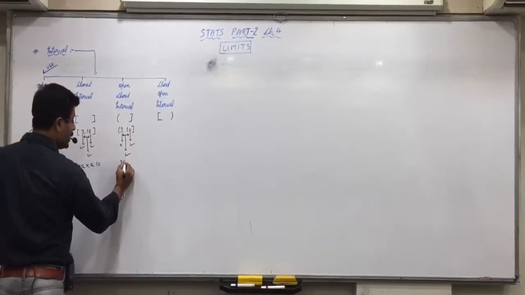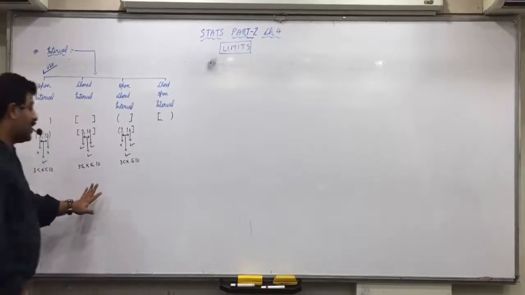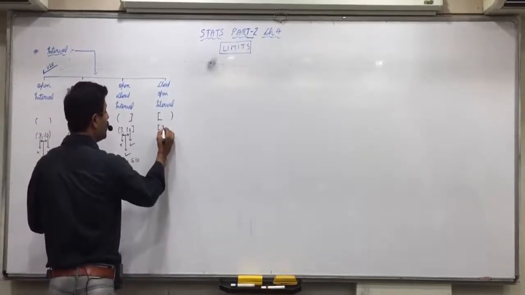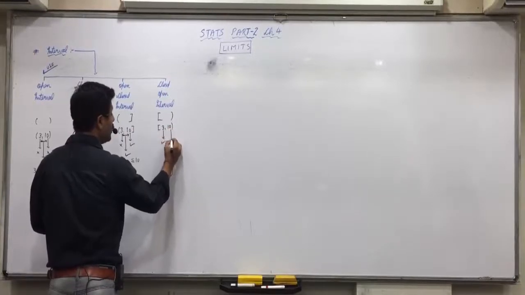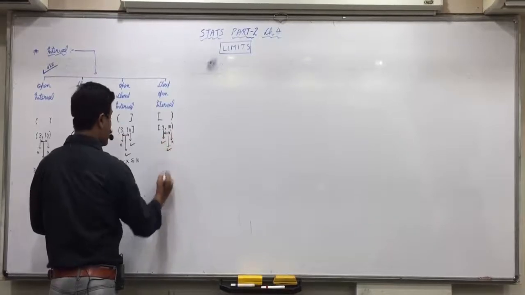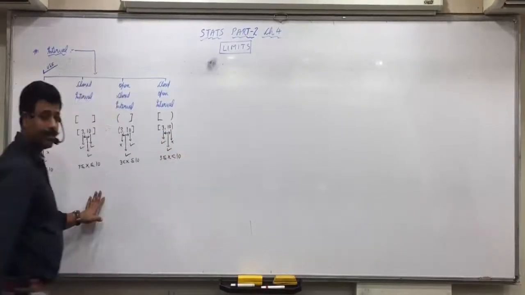So 3 less than x less than equal to 10. And if I write closed open, it means 3 is included, 10 is not included, in between 3 and 10 are included. 3 less than equal to x less than 10.